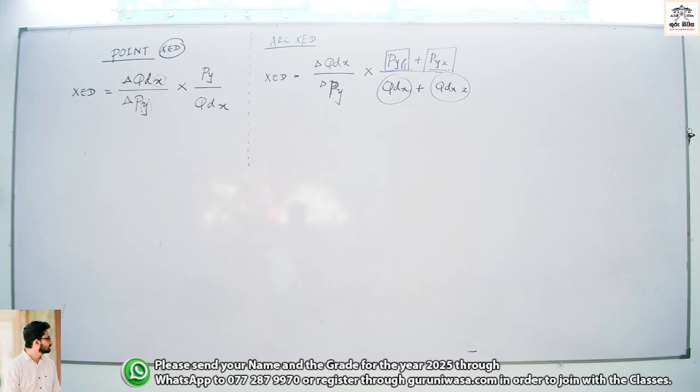Different prices of related goods. You can see points A, B, C, price of good Y, quantity demanded of good X. Look at the table.